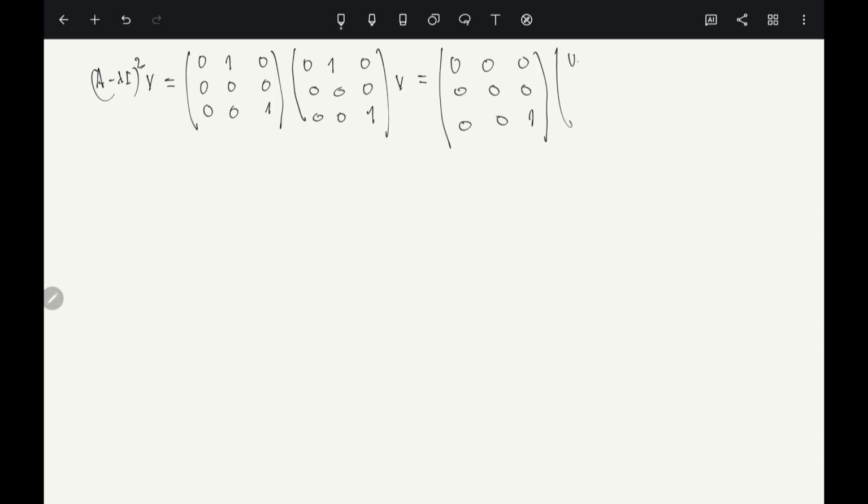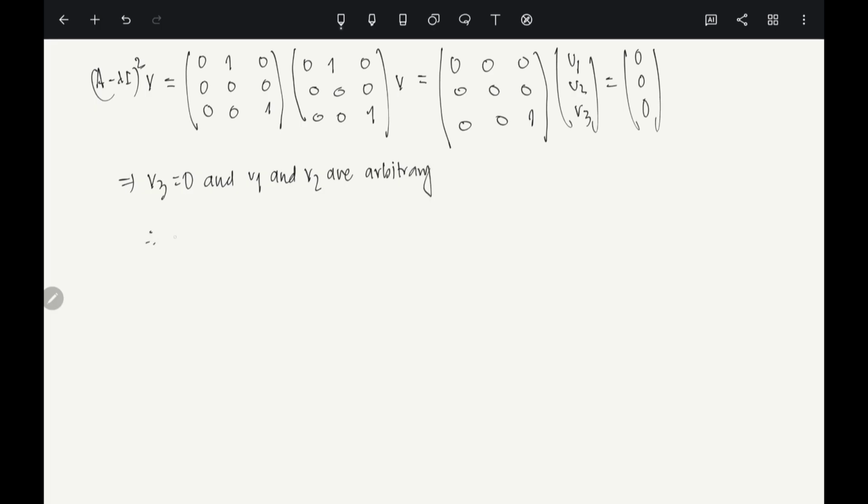Times v1, v2, v3 is nothing but 0, 0 and 0. Clear? So this will imply that v3 equals 0 and v1 and v2 are arbitrary. You can choose whatever you want.